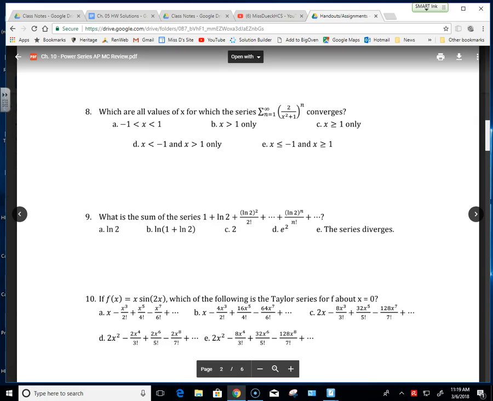Is it geometric or not geometric? Yes, geometric. If it was not, we do the whole ratio type interval of convergence test. If it is geometric, we just get to set r in between -1 and 1. How do we know?